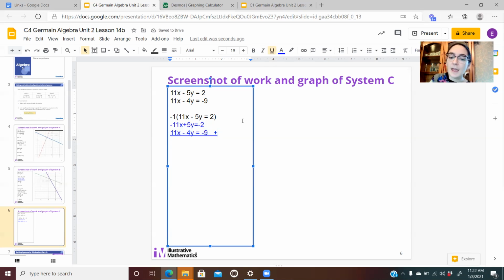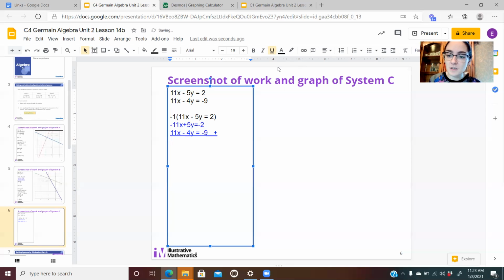When I do that, I'm going to cancel out these x's, because 11x plus a positive 11x is going to get me a 0x, which is just canceled out. Then from there, I'm going to add my y's together. I have a 5y and a -4y, so I'm left with just a y.